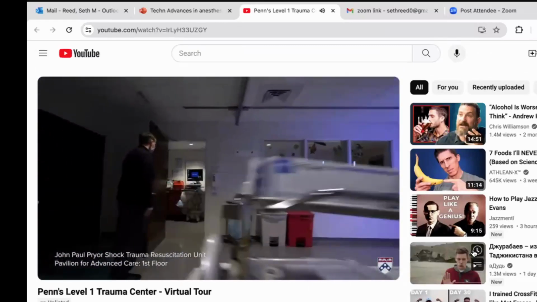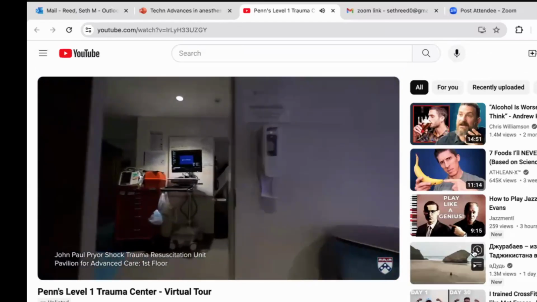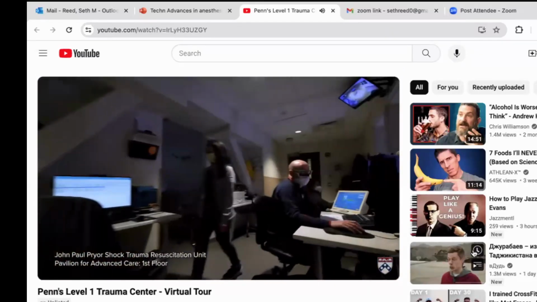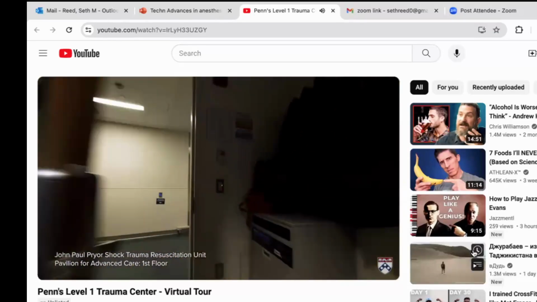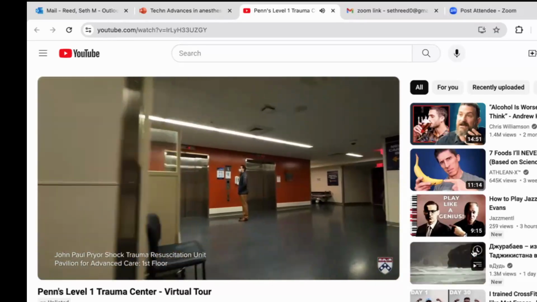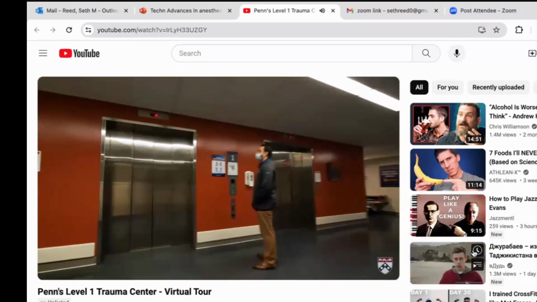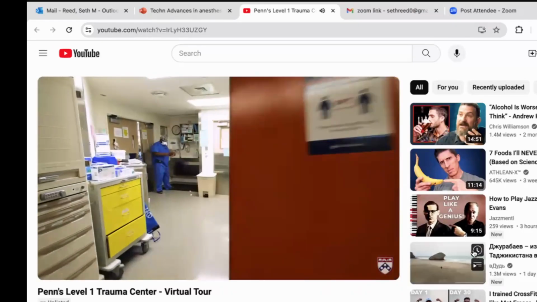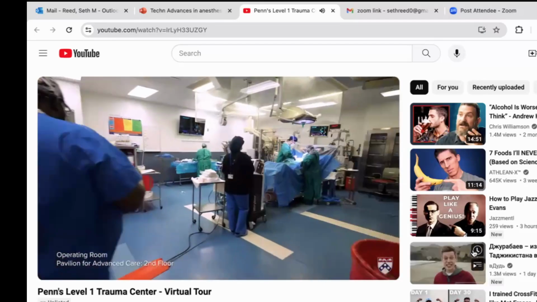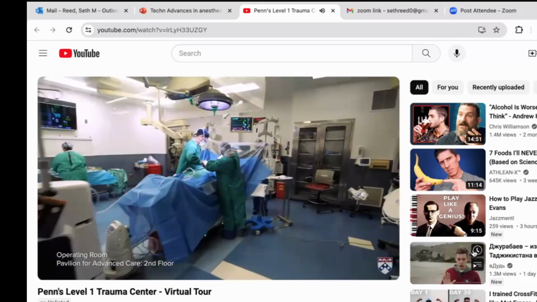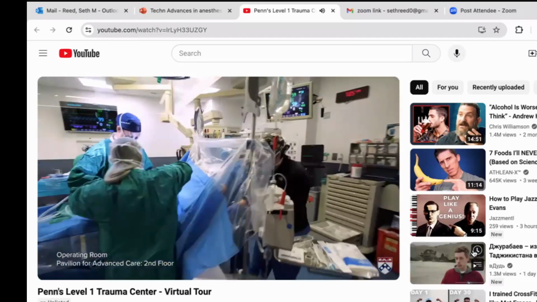That's how you get quick 3D images of patients' bodies. Then we have the elevator right outside the trauma bay to get up to the operating rooms. And this is an example of an operating room that we can use for a trauma case.